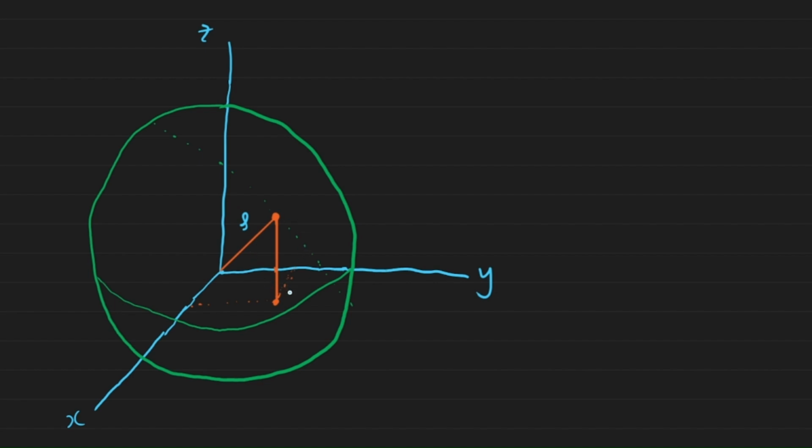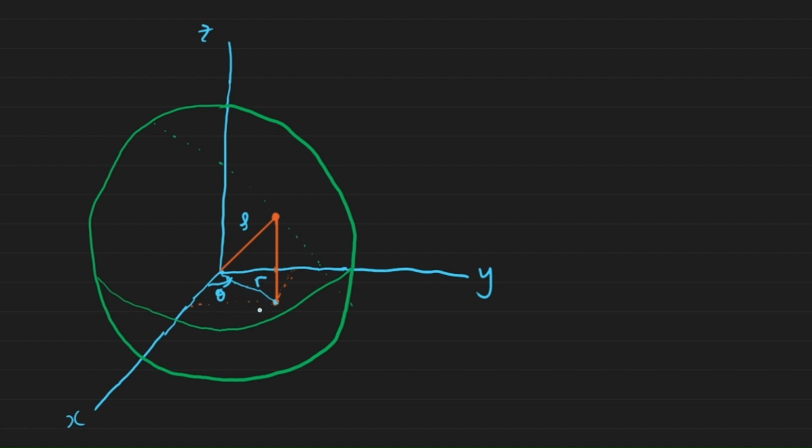So theta remains somewhat as it was from cylindrical coordinates, but instead of the angle to a point, it's actually the angle of the projection of the point. So what I'm saying is, if we have this point, and then we project this point on the xy plane, and then we define some other variable, maybe r, to be the distance from the origin to the projection of the point, and the angle theta is the angle between the x-axis and r.